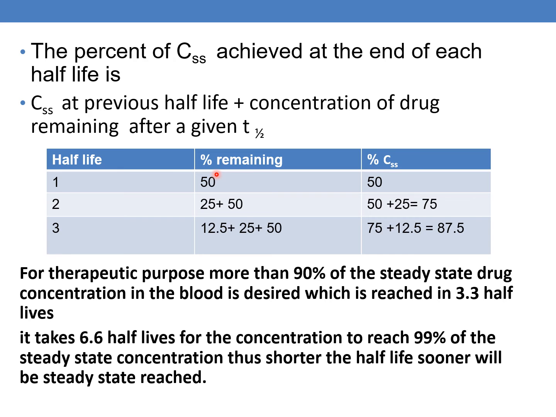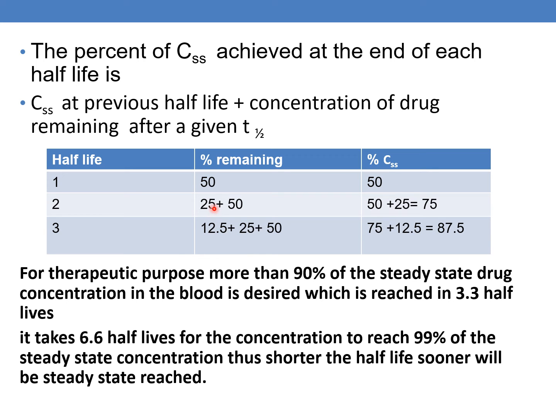For example, initially a dose is given. The first half-life is nothing but the time required to reach 50% of the concentration of the drug. So after the first half-life, the percentage of CSS achieved is 50%.